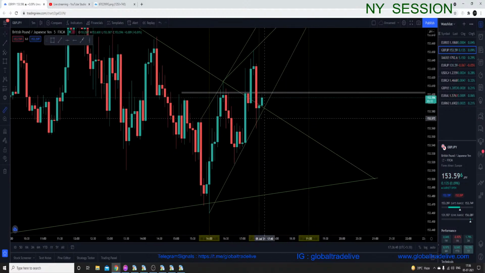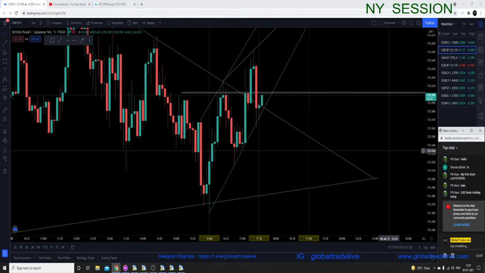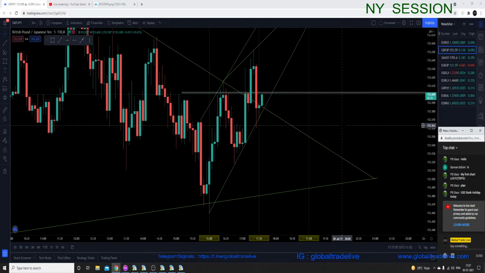Let's see, if we execute the trade at that point, then I'll be getting around 7-8 pips. So now it's rejecting that area.